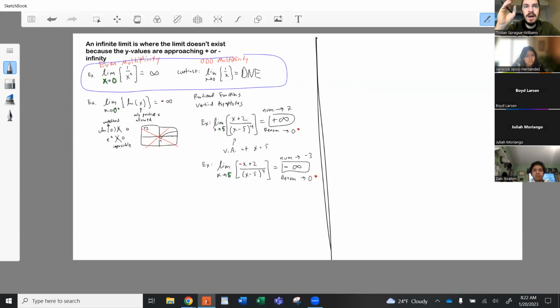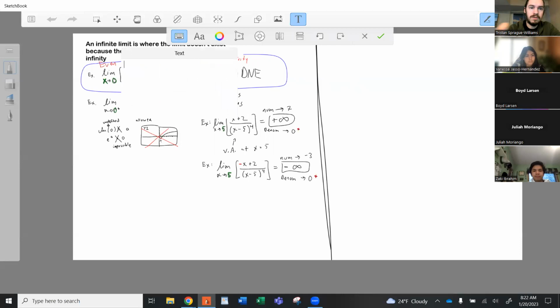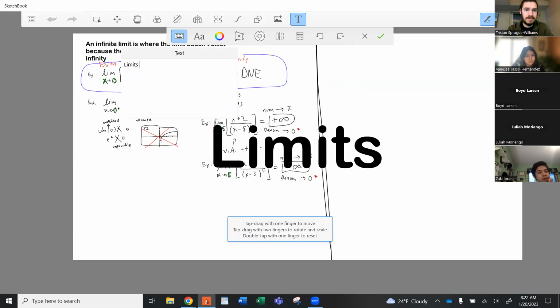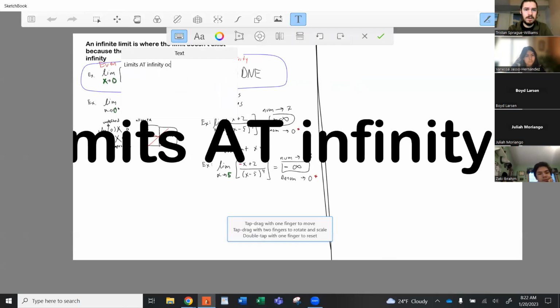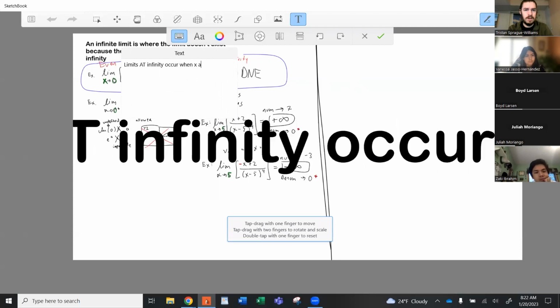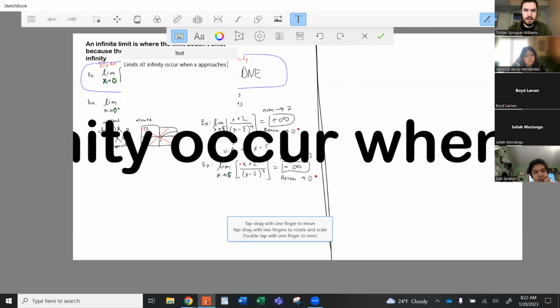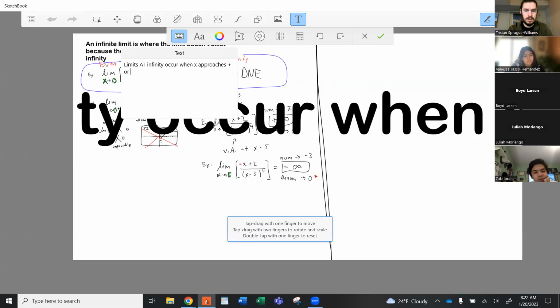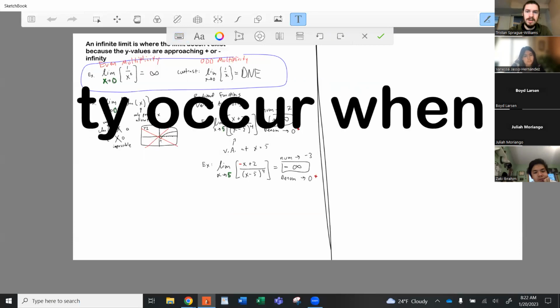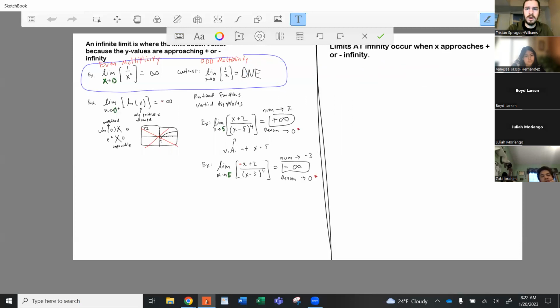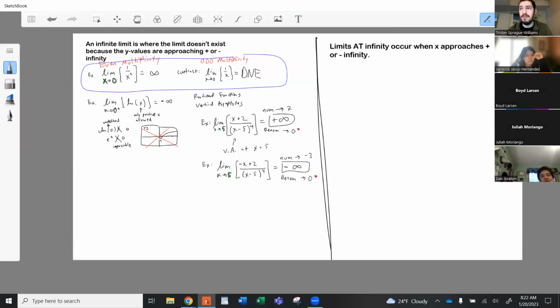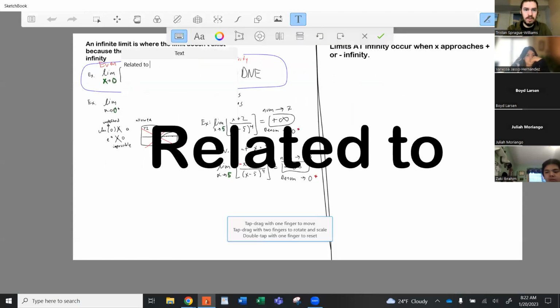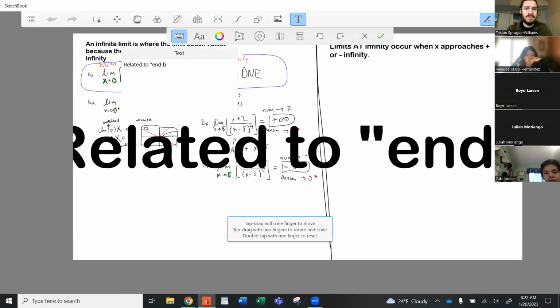The other thing to talk about is limits at infinity. Limits at infinity occur when the x value is approaching positive or negative infinity. Okay, so this is related to what we call end behavior.